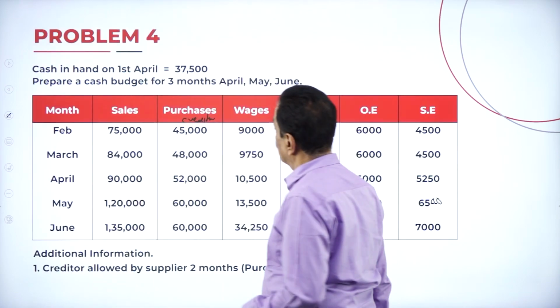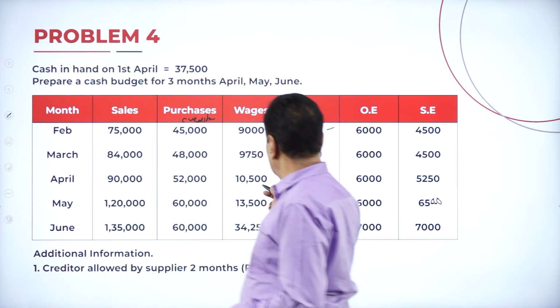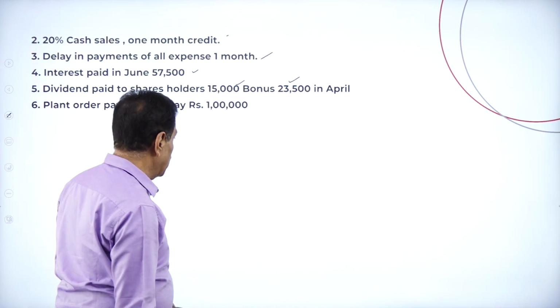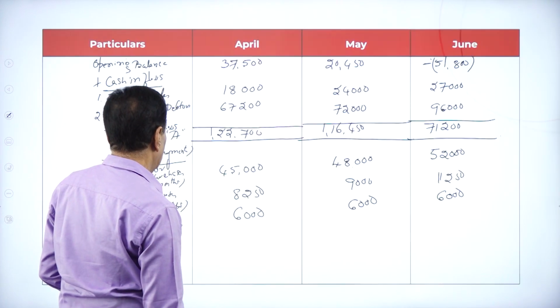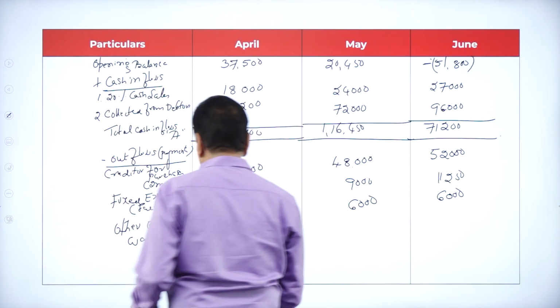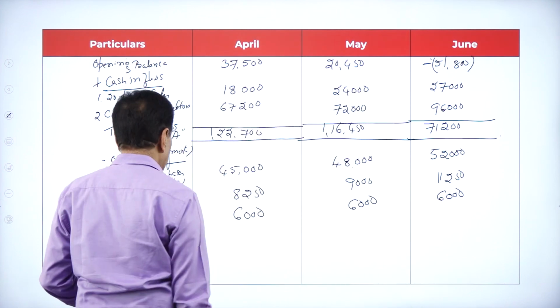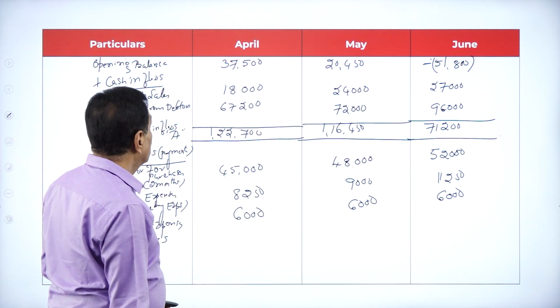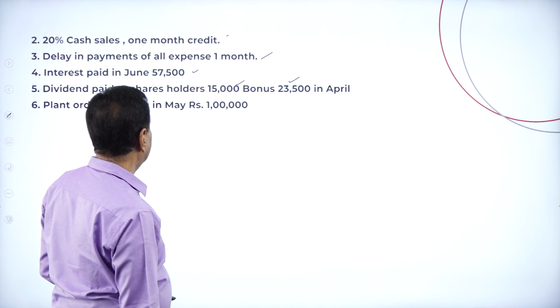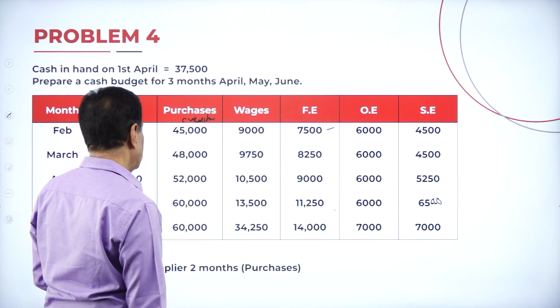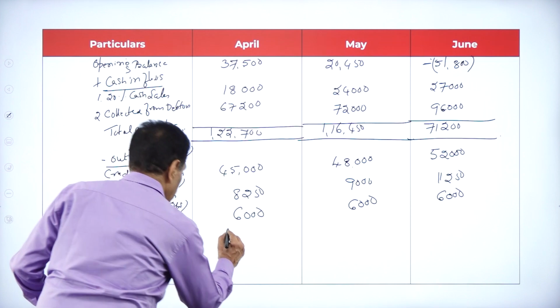Wages, how much? April, 10,500. Assume that wages has been paid with no expenditure. Wages have been assumed as no information. April, how much April is there? April 10,500.